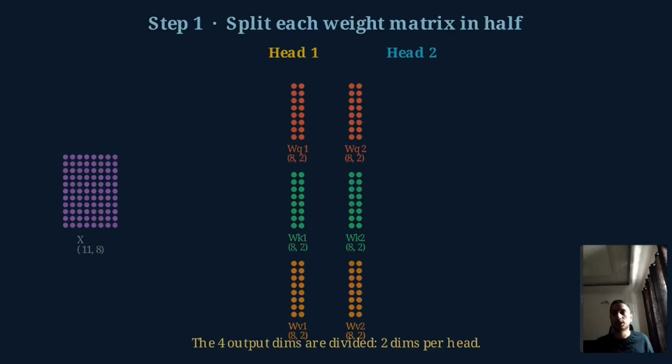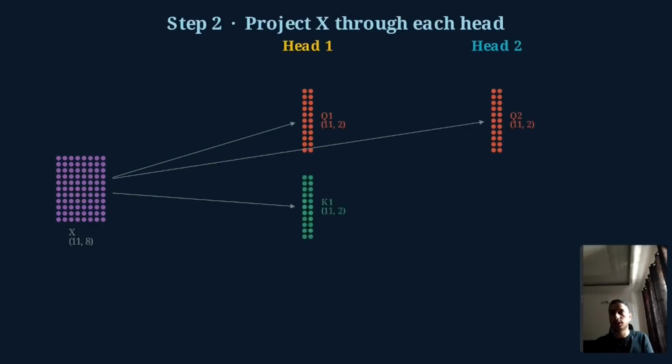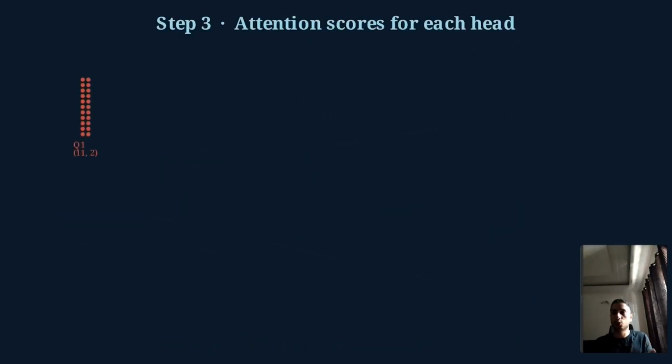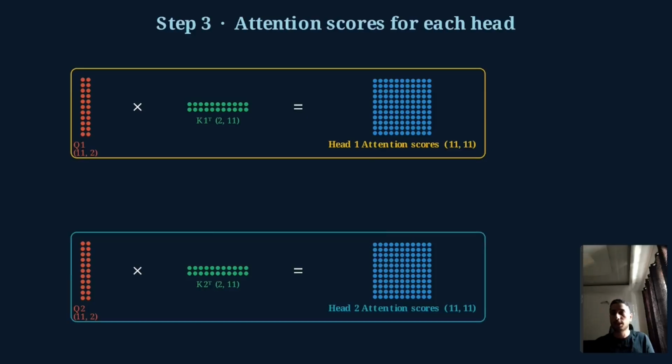The next step is to multiply this input embedding with the different heads we created. Just like the previous attention mechanism, we simply multiply with each query, key, and value matrix, and we get our attention scores for each head. So basically we got two separate attention scores, and these attention scores are 11 by 11 dimensions, which you can understand because our query matrix was 11 by 2 and our key matrix was 2 by 11.